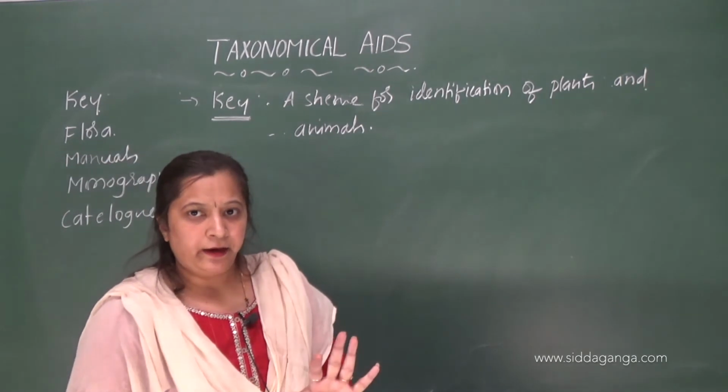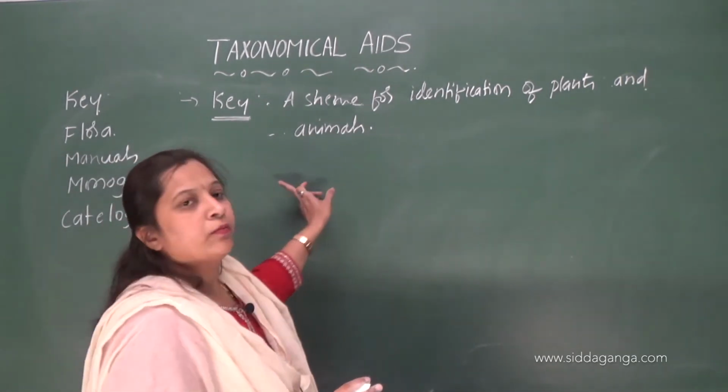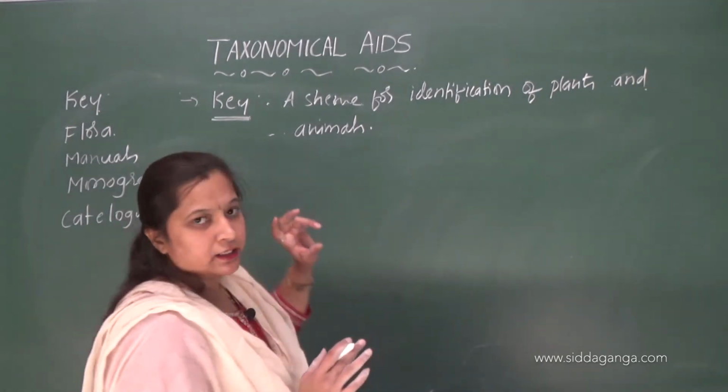What exactly is a key? It is a scheme for correct and exact, that is accurate, identification of plants and animals.